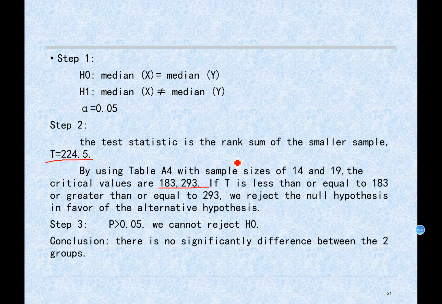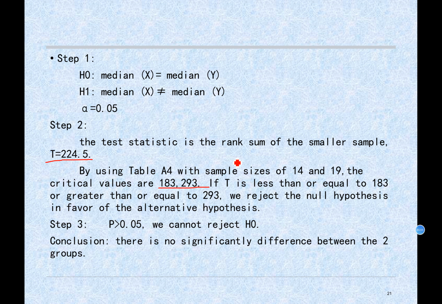So here we can find that the t is 224.5. The number is located inside the critical range. So that means p is more than 0.05. So we cannot reject H0.